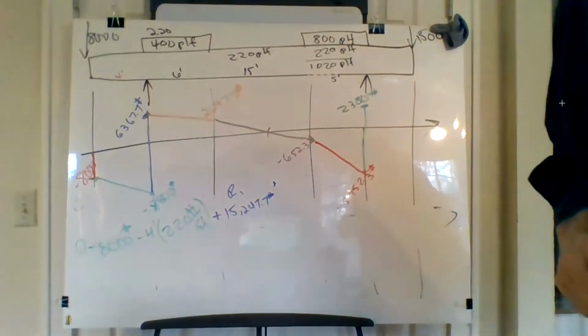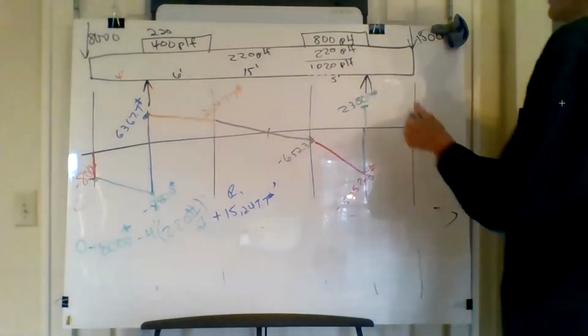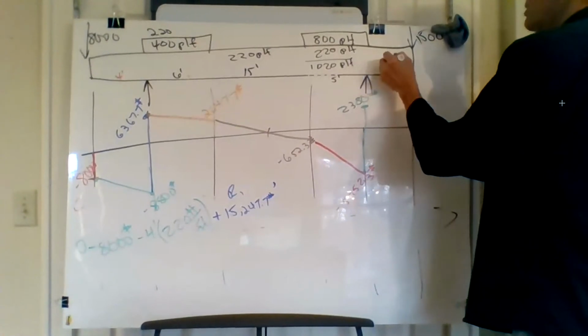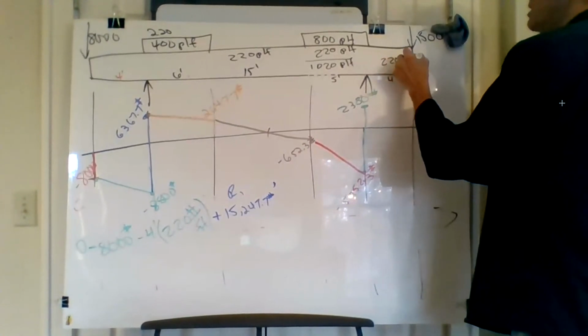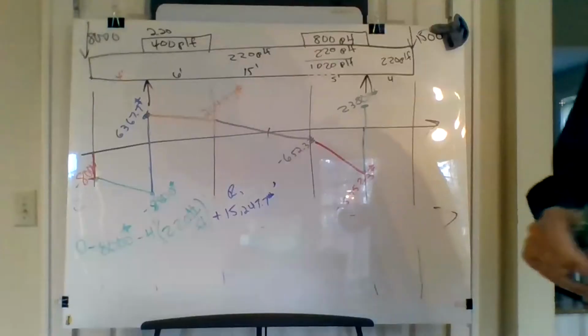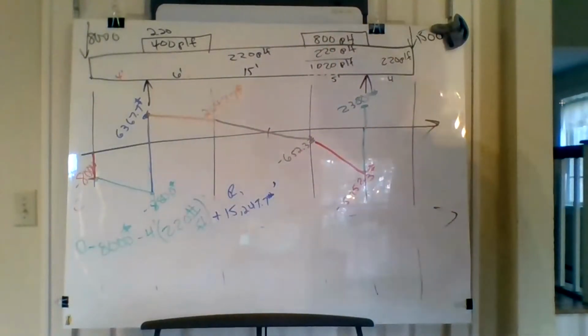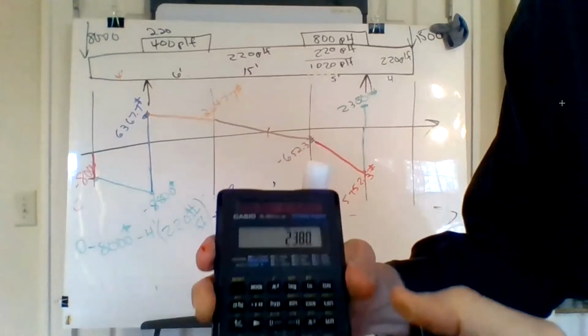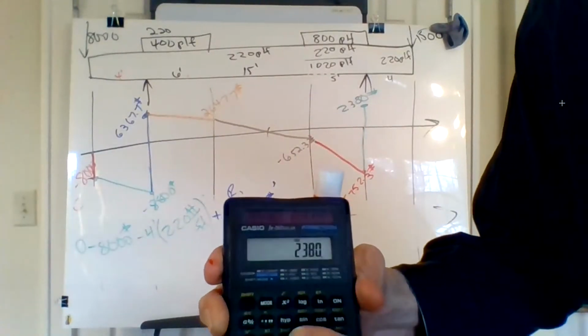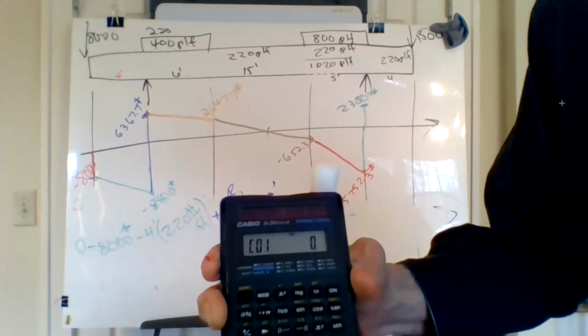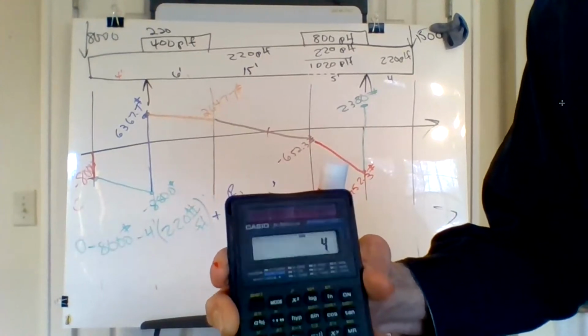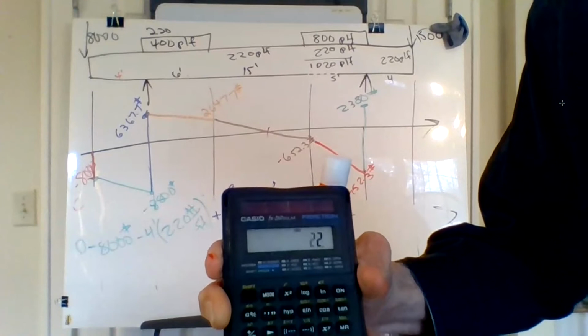This last little part is 4 feet. I'm just at 220 PLF. So I'm going to drop left parentheses 4 feet times 220.